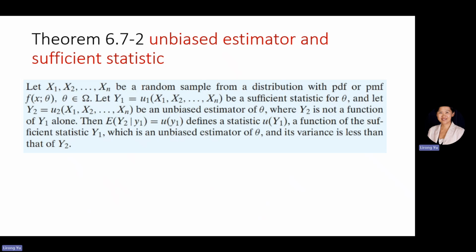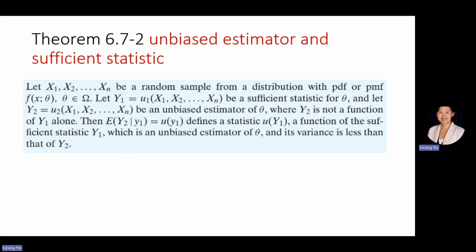On the other hand, consider the expectation of y2 given y1. Since y2 is unbiased, the expectation of y2 equals theta. So when you do this, the expectation of this new quantity, u(y1), will also be the underlying parameter. The fact that y2 is unbiased causes the conditional expectation of y2 given y1 to also be unbiased.